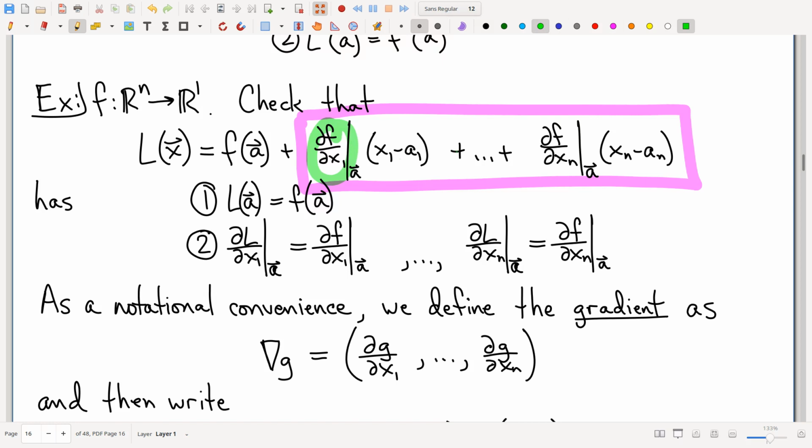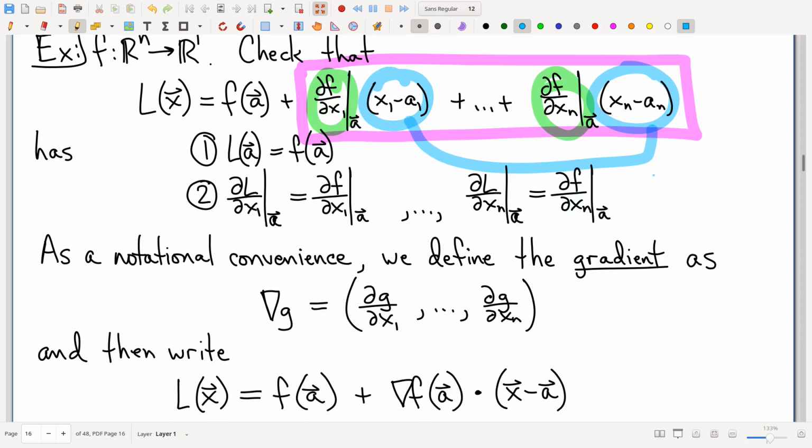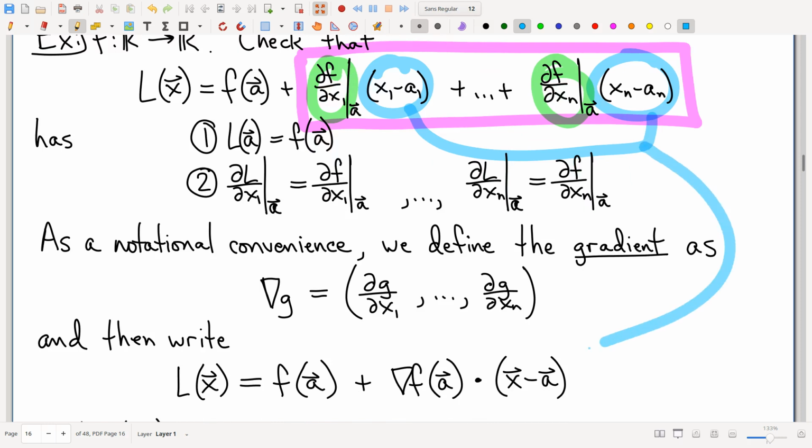We have here a bunch of factors being multiplied by a bunch of other factors. And multiply and add, that is literally a dot product. You're going to notice pretty quickly that these blue factors are literally the coordinates of this vector x minus a. So not only is this structurally like a dot product, the blue factors are literally the coordinates of x minus a. And so all that remains is to figure out how to think about these green coordinates, right?